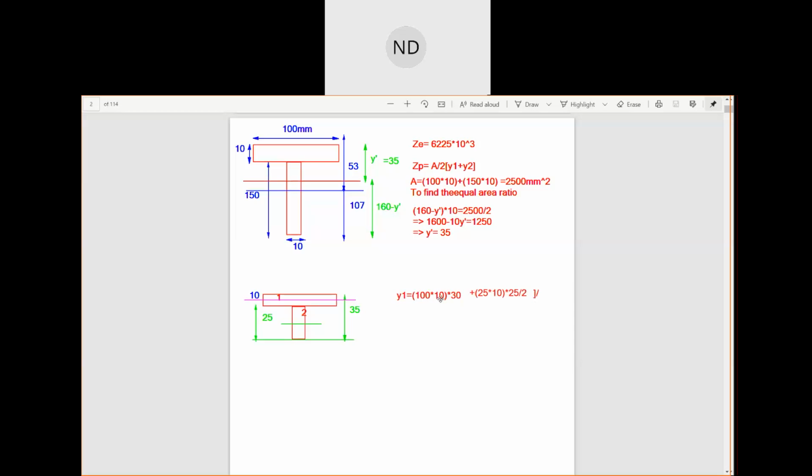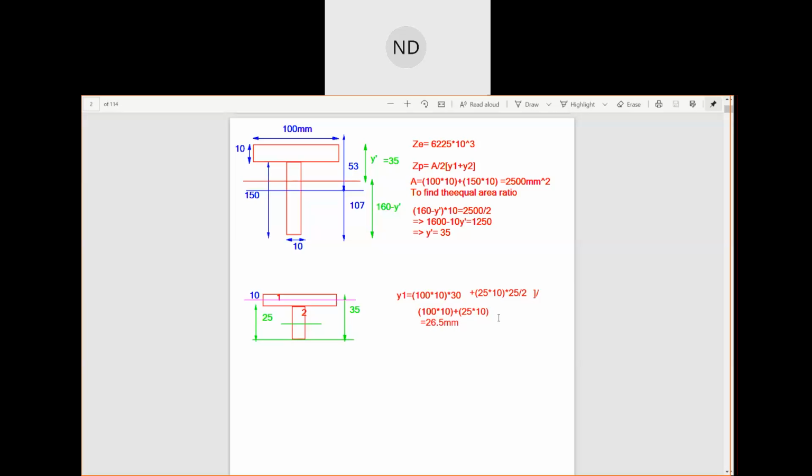A1 was this 100 into 10, already mentioned here, plus we have the second member area 25 into 10. So y1 is this plus this, a1 y1 plus a2 y2, divided by a1 plus a2. So what is this total y1? After calculation you will get 26.5 mm.